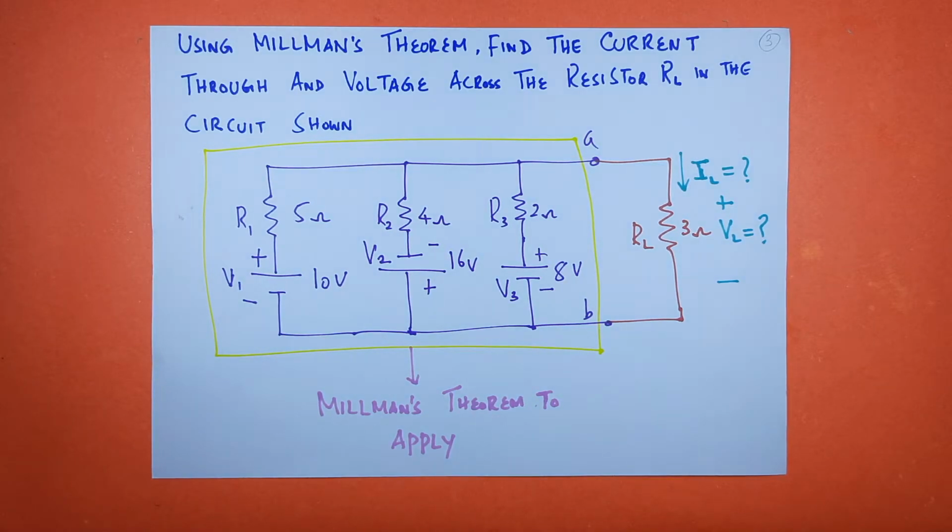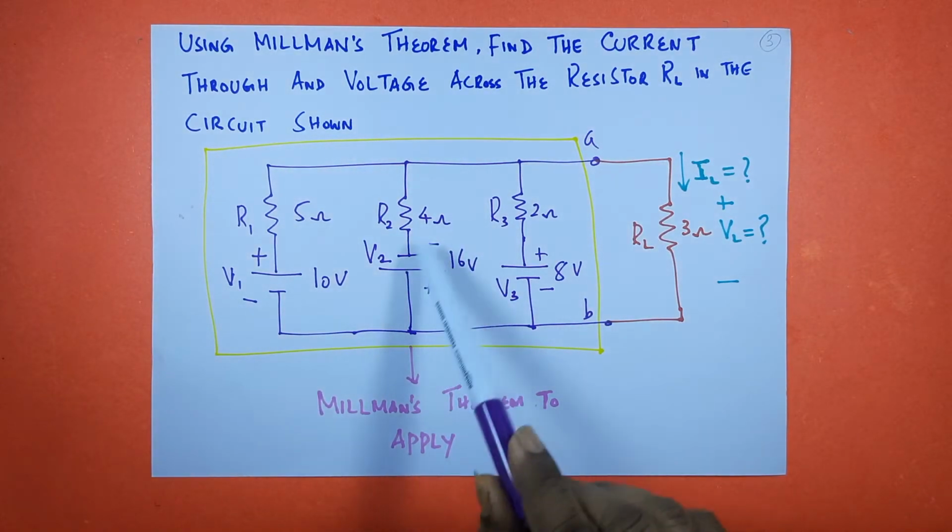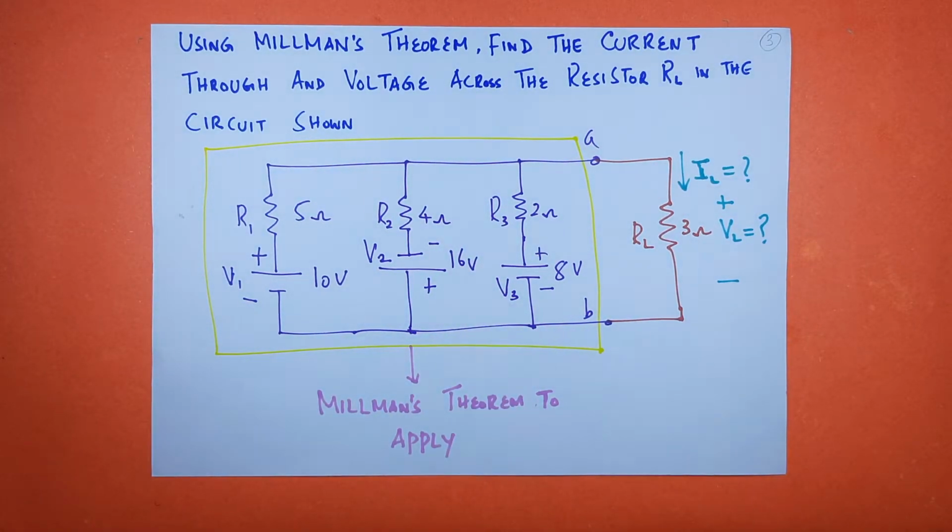So you have to follow this convention. Top positive means put plus. Suppose if the top terminal is negative, then you put minus. So that's why we have written plus or minus V1 by R1, V2 by R2, V3 by R3.